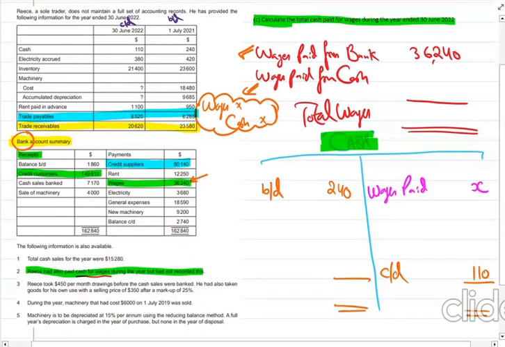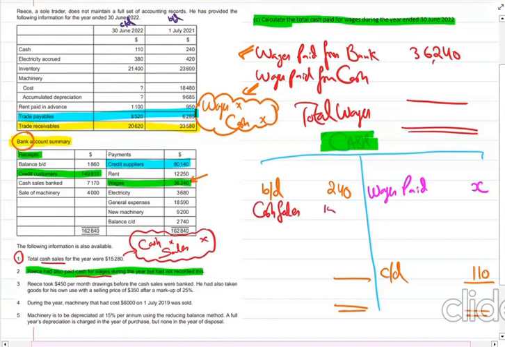Just read note number 1. Can you see something here? What does it say? Cash sales. Cash sales means cash debit, sales credit. So cash sales is affecting our cash balance, so it is on the debit side of the cash account.